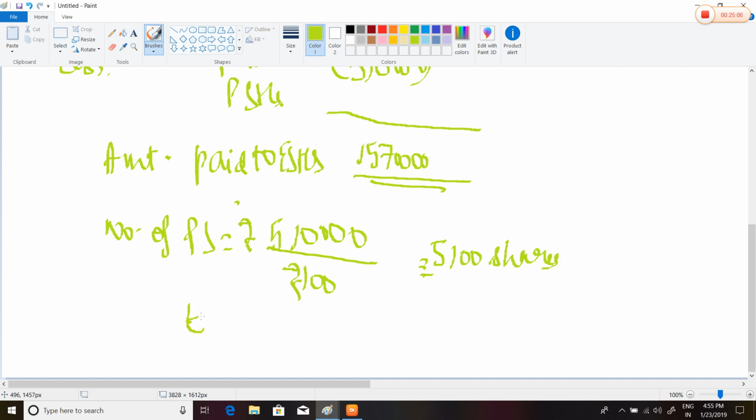Number of equity shares, rupees 8 paid up: we'll take 15,70,000 divided by rupees 8. It comes out to be 1,96,250 shares. I hope you got it.